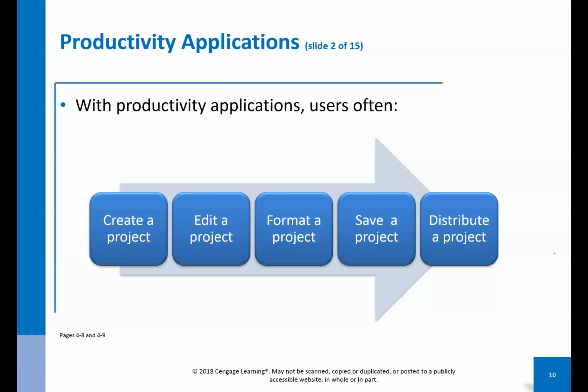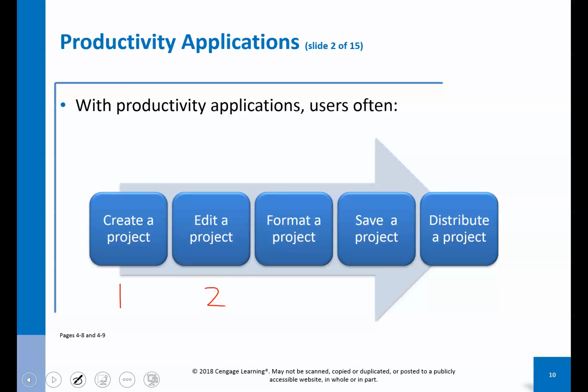Because it helps us do a task, productivity applications, no matter what type, always go through this process. They start the task as a project, which is why they say create project. Then, once the task has started, you work on it. Maybe you're writing something, calculating something, drawing something, or saving something. That's the edit part, so they call it edit project.